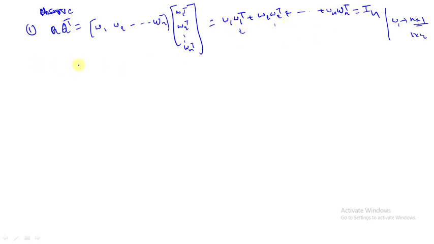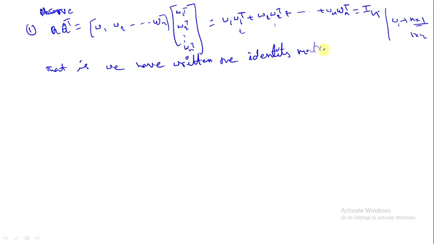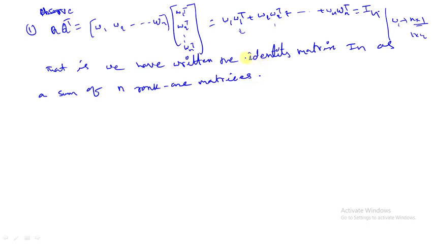Now we have written the identity matrix In as a sum of n rank 1 matrices.